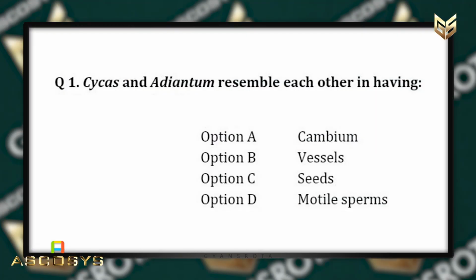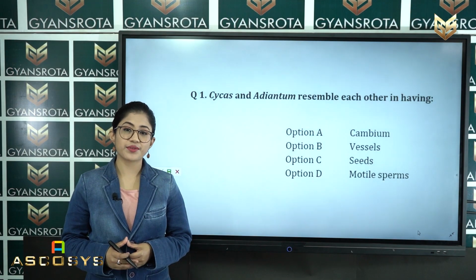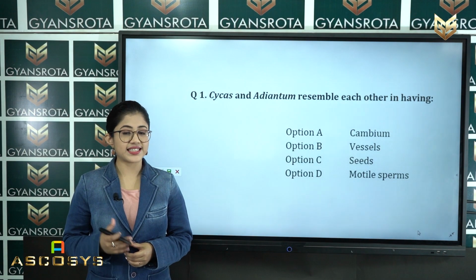In the first question you can see, Cycas and Adiantum resemble each other in having: option A, cambium; option B, vessels; option C, seeds; and option D, motile sperms. Student, this is from the chapter Plant Kingdom.